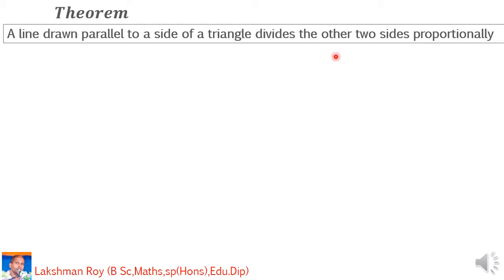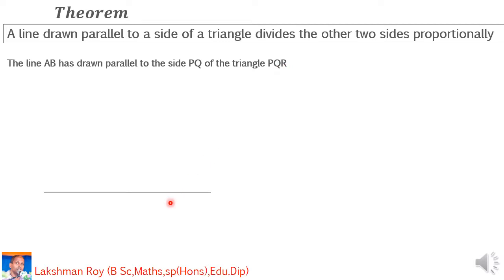So let's see using a figure. So I have drawn here, you can see, student, line AB drawn parallel to the side PQ of triangle PQR, right? PQR triangle, one straight line segment, another one. So I name this triangle as PQR.